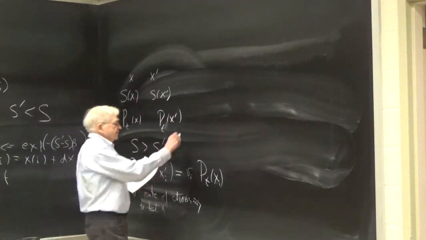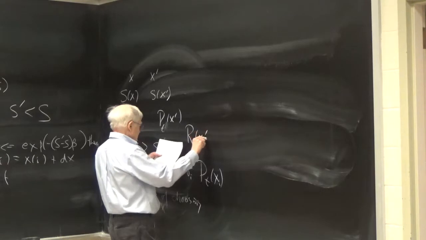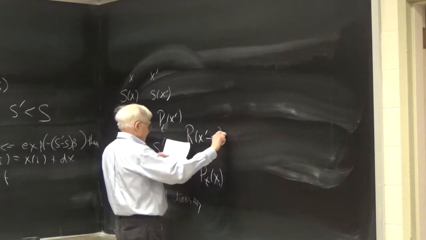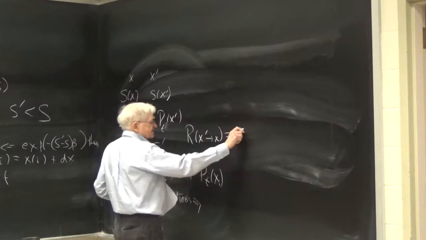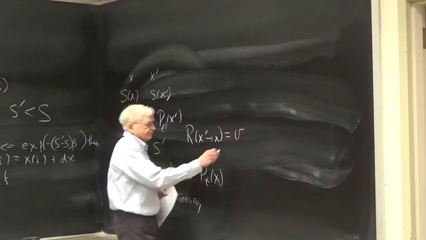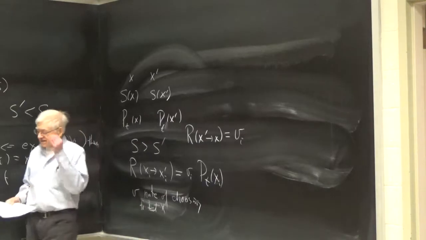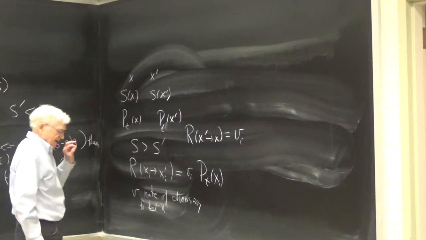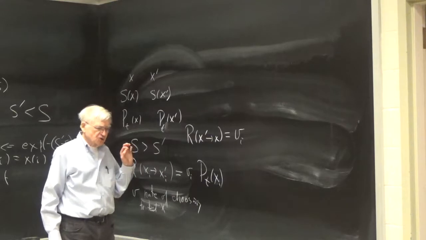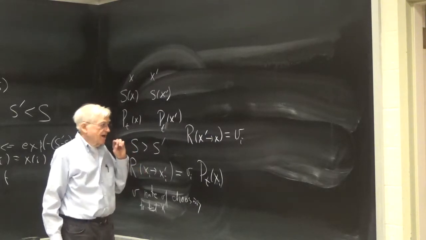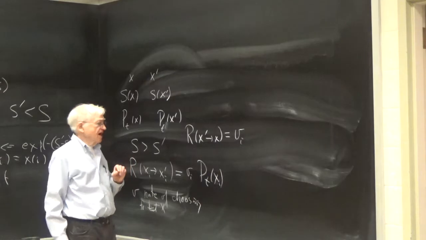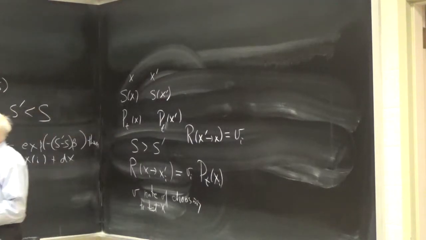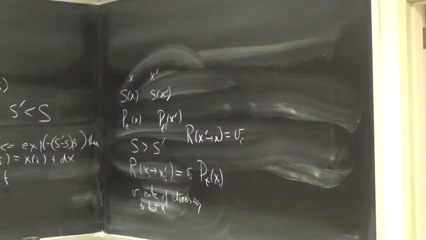The reverse rate is the rate x prime to x. And this is the same v because the idea is that you go through the lattice and you do things symmetrically, you get to each site of the lattice an equal number of times, and then when you get to a site of the lattice, you go up or down in a symmetric way.